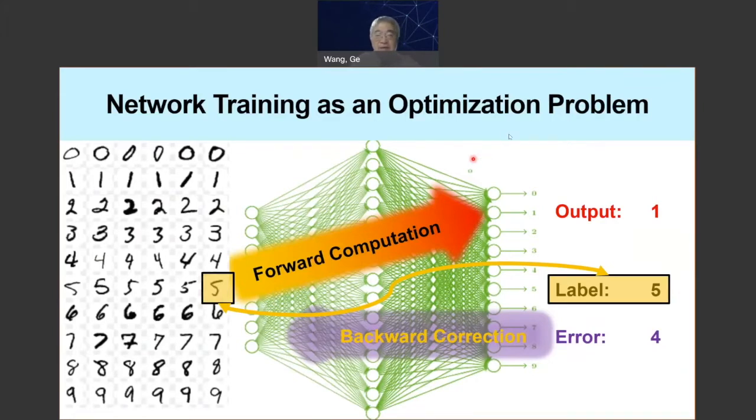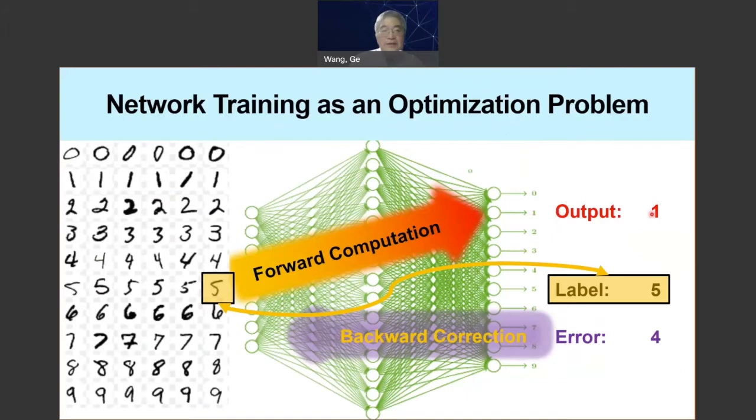Since weighting parameters of the network were initially randomized, the output may not be what you expect to see. For example, in this case, you input 5. You know it is 5, but all these weighting parameters are random. So you just do feed-forward computation, and as a result, in the one-hot vector, only one element, in this case the port corresponding to digit 1, gives you a relatively high output.